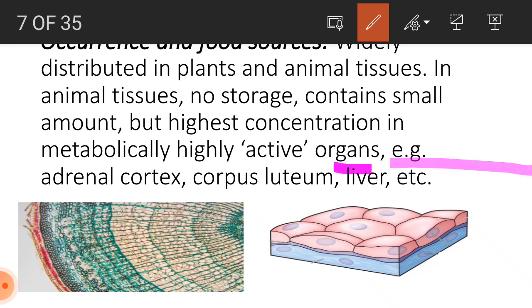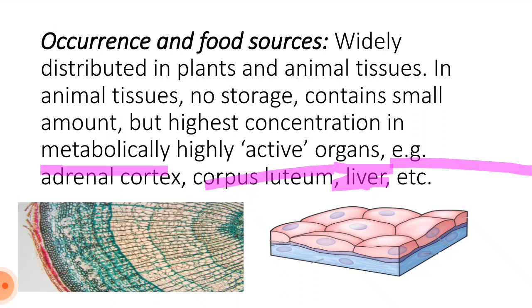As we all know, liver is a metabolically active organ. Other organs include adrenal cortex and corpus luteum. So these are the places where the concentration of vitamin C can be seen to be raised a bit as compared to other organs, but there is overall no storage in the animal tissues.